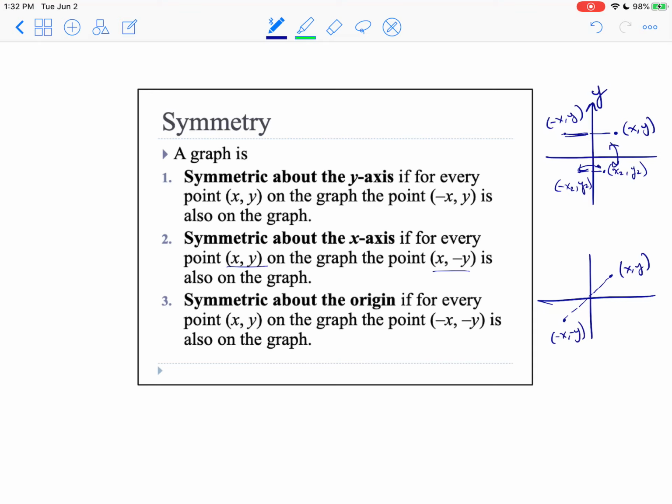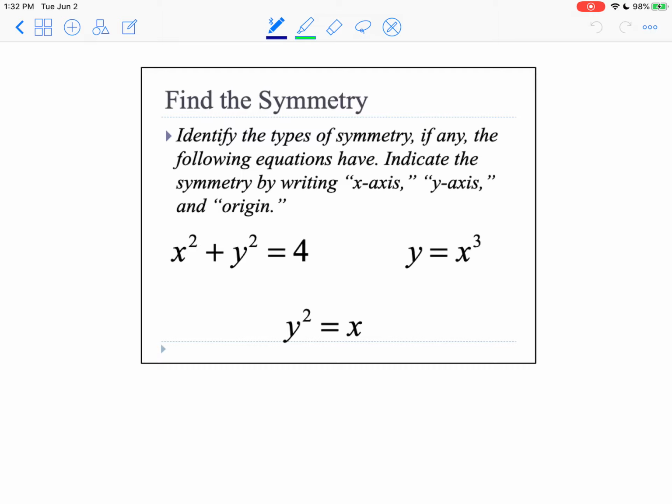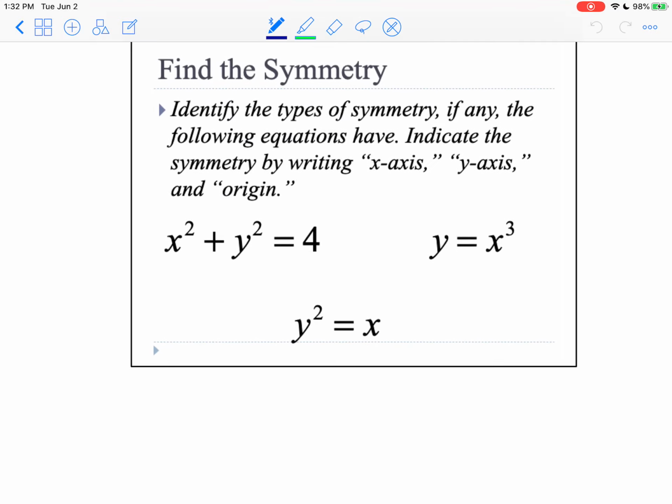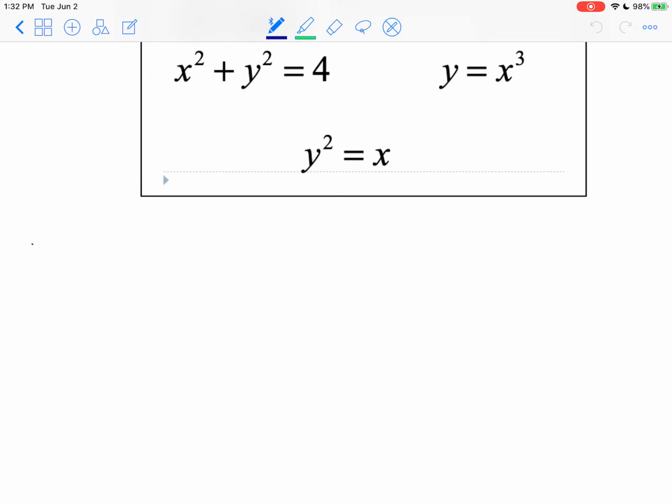Now on a graph, this is pretty easy to spot. But what if you're just given an equation and you want to know whether it has x-axis, y-axis, or origin symmetry? Well, let's go through an example. And for each of these, we will test all three. Okay, so let me write down our first equation.